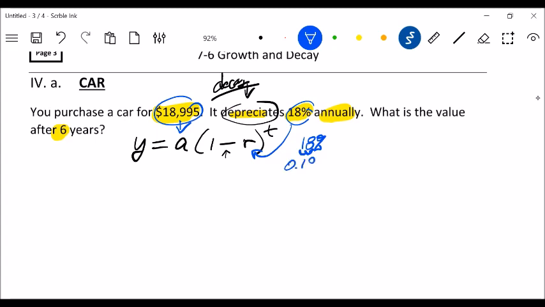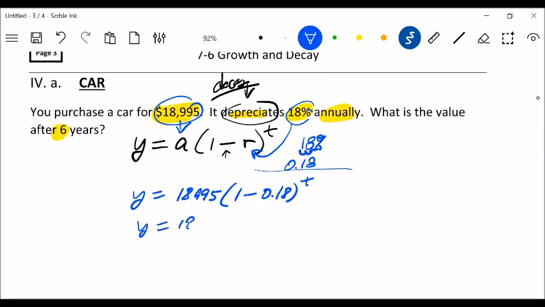So 0.18 is that percent. So let's put that in. Y is equal to 18,995(1 minus 0.18)^t. We don't know an amount of time yet, but now if we put in an amount of time, we calculate this and we get what the result is over here. So let's clean that up there.